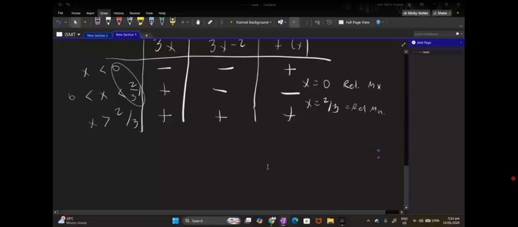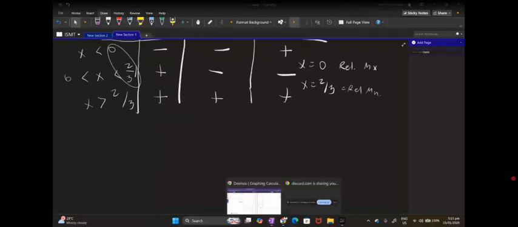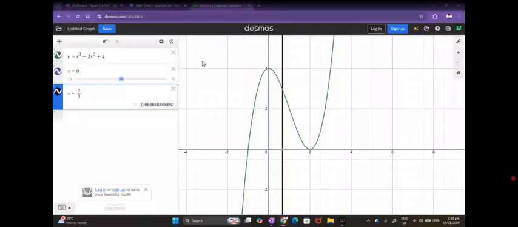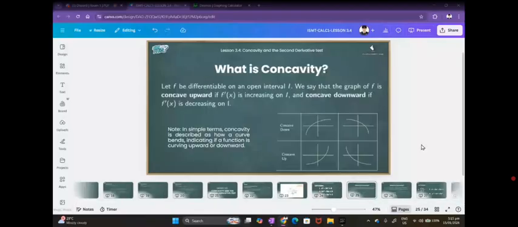Now, let's head on to second derivative test. Papiyaw lang to yung first derivative. So, kahit take home na lang natin to or other pag-solve na natin. So, what is concavity? So, ayon sa definition ni Sir Oscar, let f be differentiable on an open interval I. We say that the graph of f is concave upwards if the first derivative is increasing on the interval I, and concave downward if the first derivative is decreasing on I. So, medyo nakagulo siya.